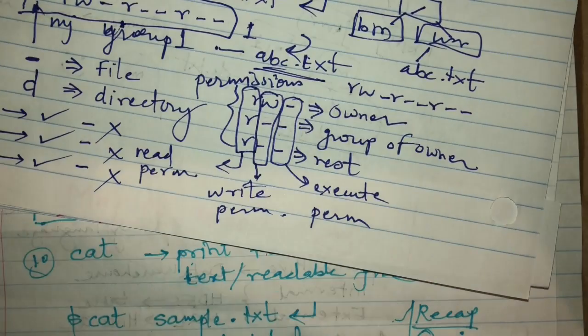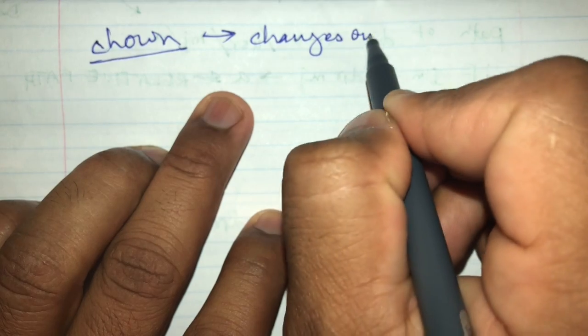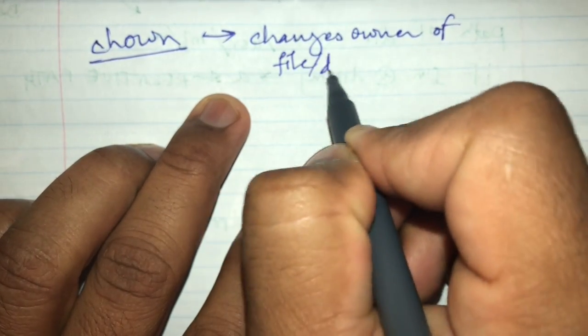So we will quickly go through the last command of our Unix operating system prerequisite, which is chown, which changes the owner of file and directory.